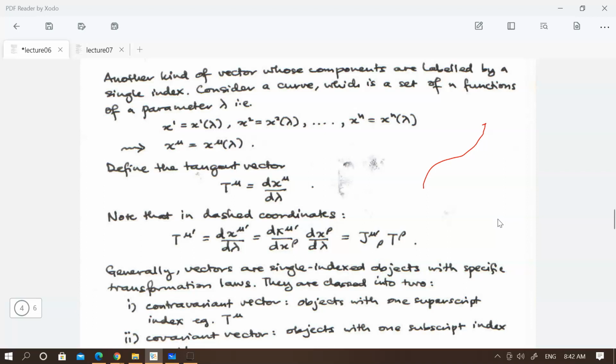Usually this is done in terms of a parameter lambda. So this might have different coordinates, x1, x2 until xn, but it's parameterized by a single lambda. So that defines the curve x mu of lambda.